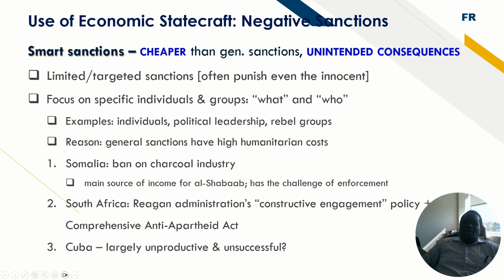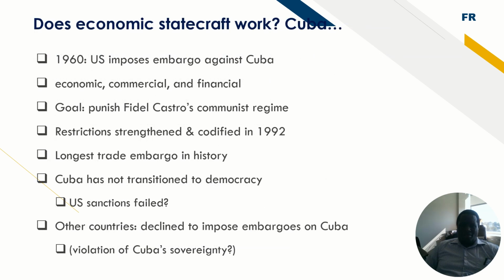But also sometimes you can find that maybe engaging with the regime might be more productive than excluding it, and this is maybe what has occurred in Cuba. And so Cuba is an example where the economic statecraft has worked, even though, again, this has been imposed by the US to punish Fidel Castro.